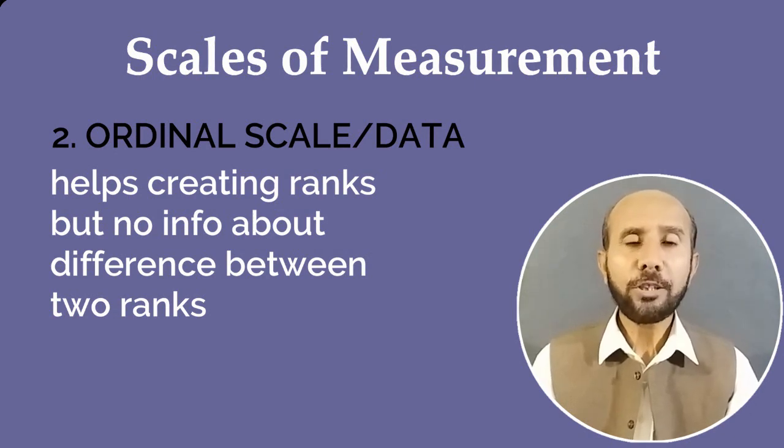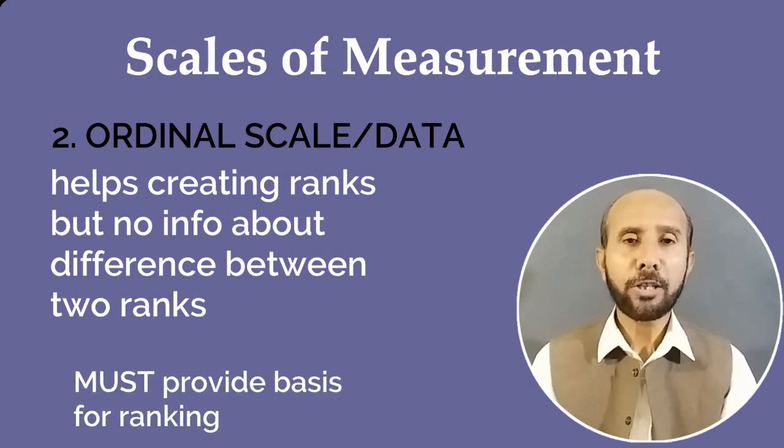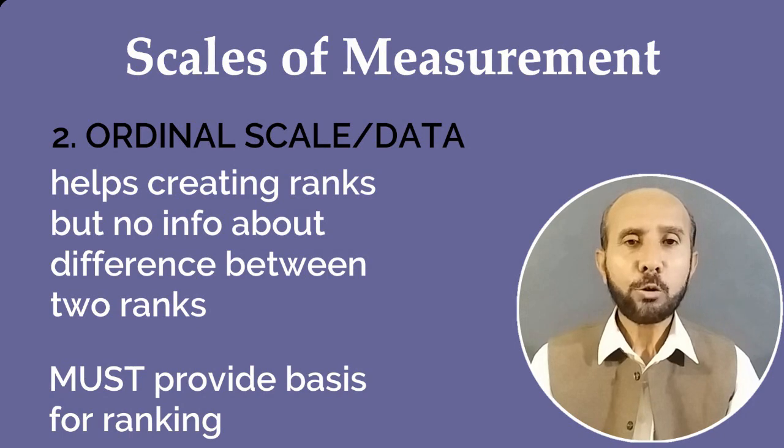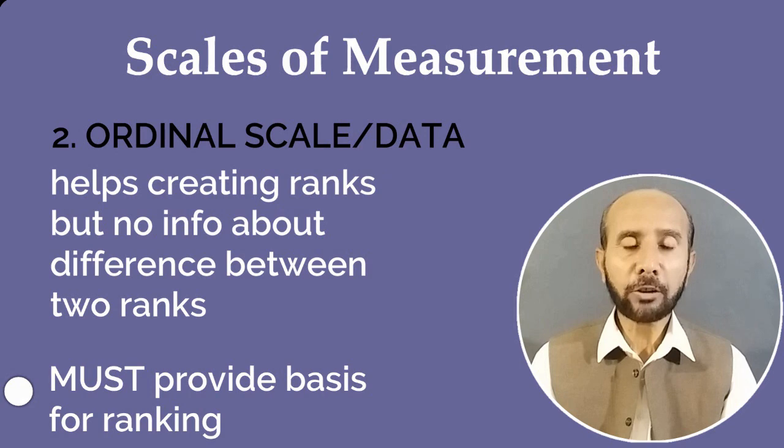Data to be measured on this scale must have at least one dimension which is unique in character and can also provide a basis for ranking. For example, a list showing first, second, third, fourth, fifth position holders in a class only tells us about the ranks of the students. It does not show the exact difference or the distance between the two ranks.